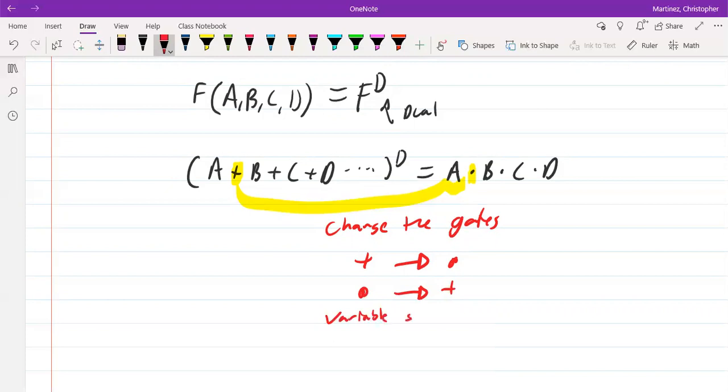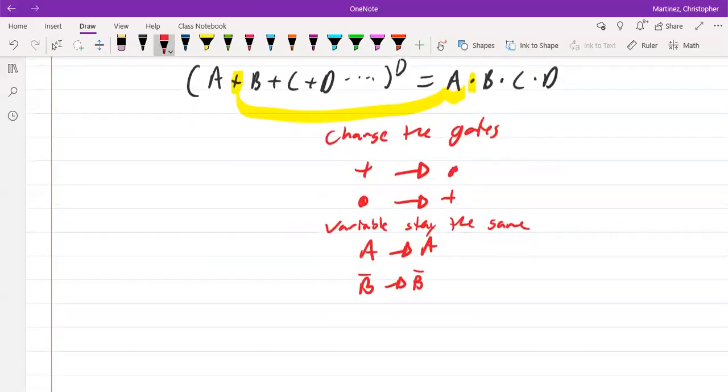Variables stay the same. So an A stays an A. A B bar stays a B bar. Other items we would see happen is if you have a 0 it becomes a 1, and if you have a 1 it will become a 0.